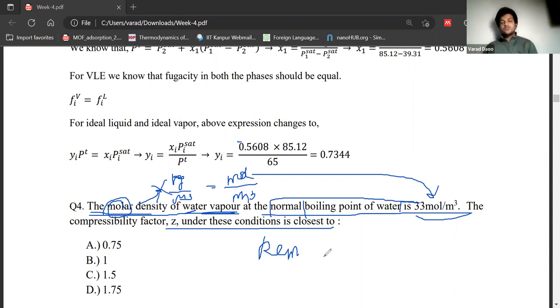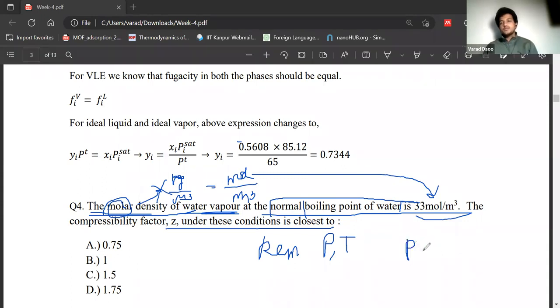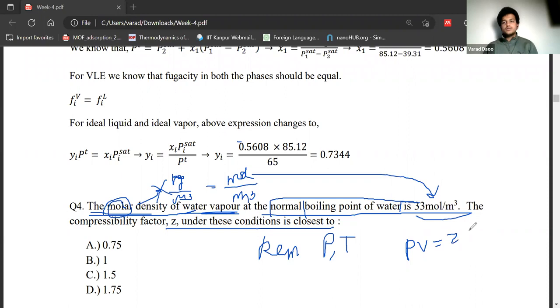This will be associated with P and T. If you remember it, then you can use the expression PV equals ZRT. The whole catch is whether you know the normal boiling point of water. Once you get it, you know P, you know V, you know R, you know T, you can calculate Z.